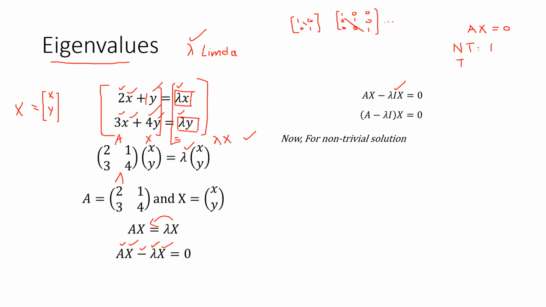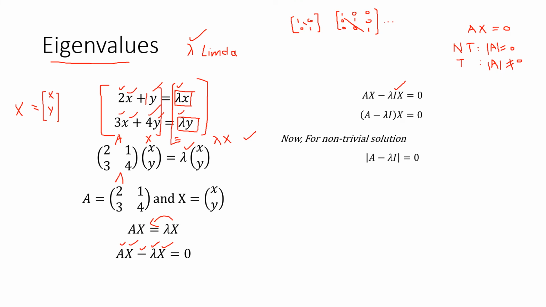The condition for a non-trivial solution, as in the previous cases we saw, is that the determinant equals 0, and for a trivial solution it was not equal to 0.